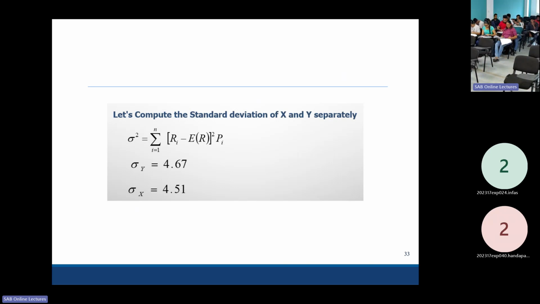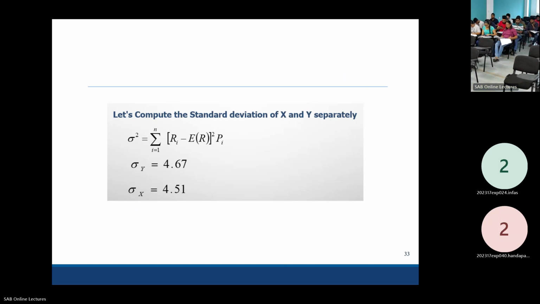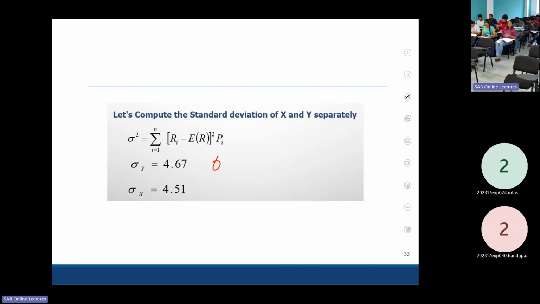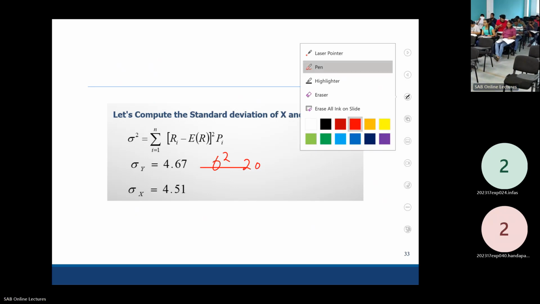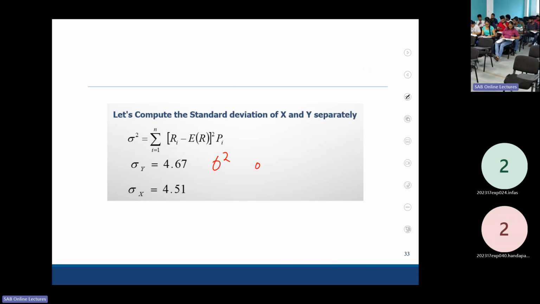This is the standard deviation. Can you tell me the variance here? Variance for stock X was 20.34.